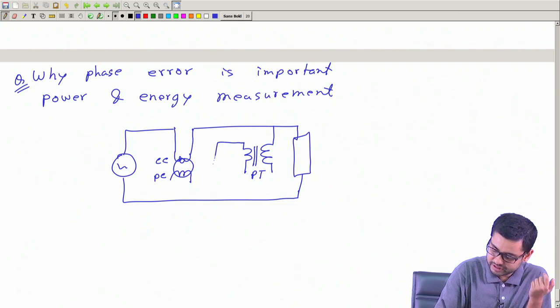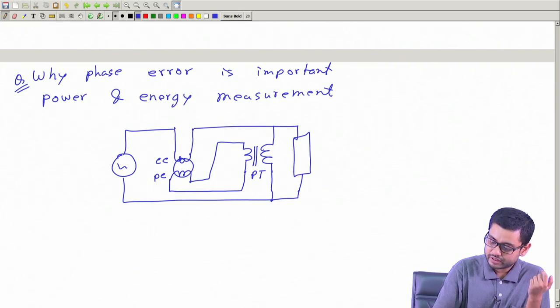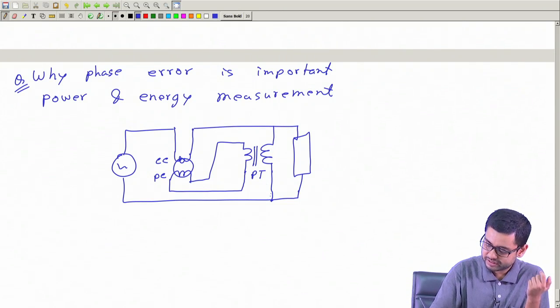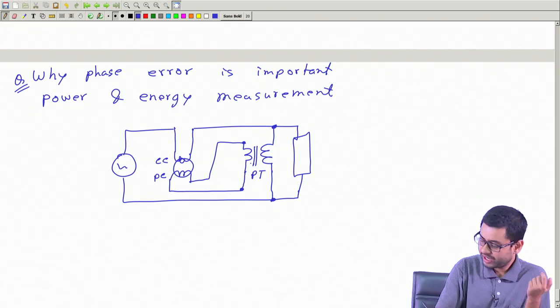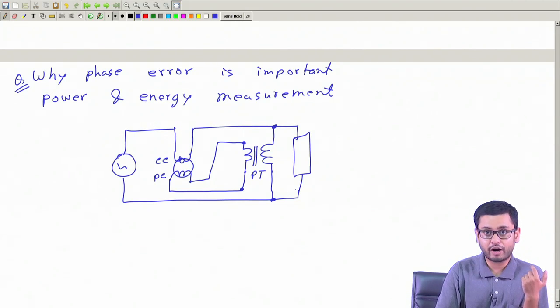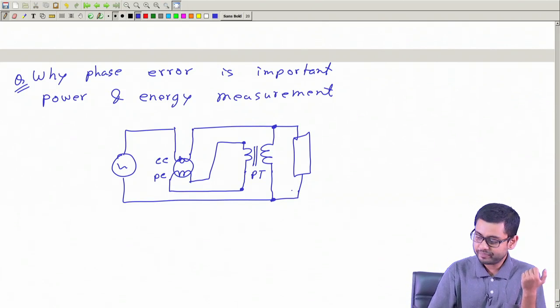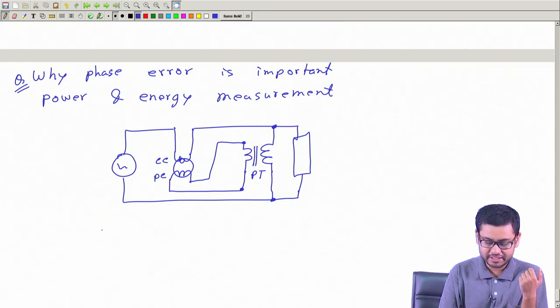Now if the voltages between these two pairs of points are not in the same phase, then the angle between this current and this voltage will not be the same. So power or energy measurement will be wrong, because the power factor will get changed. This is why it is important.